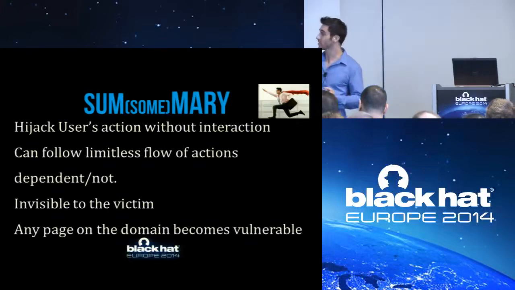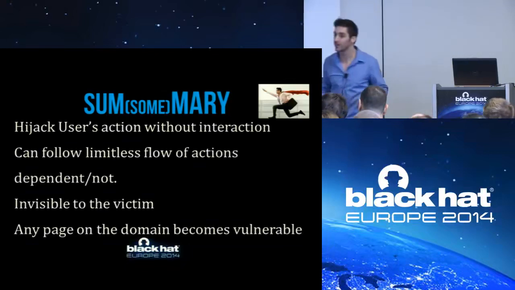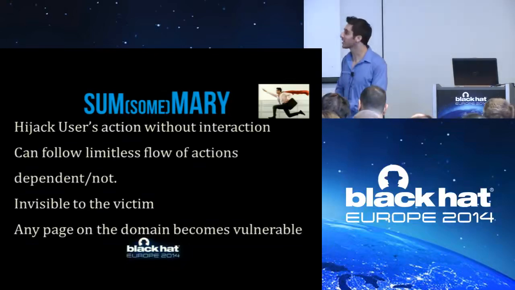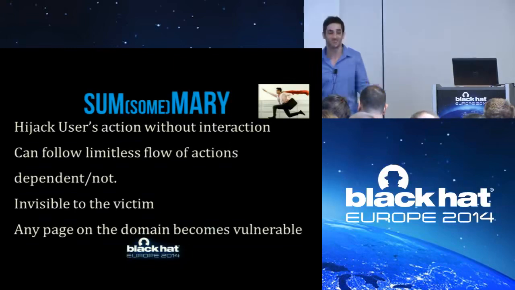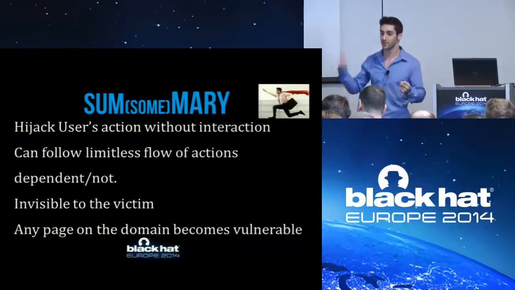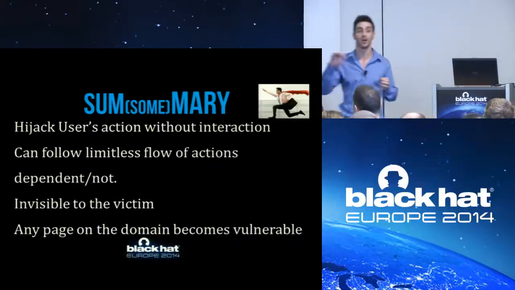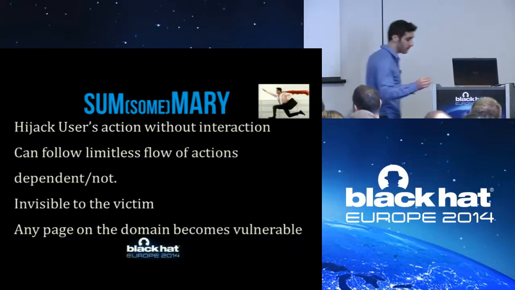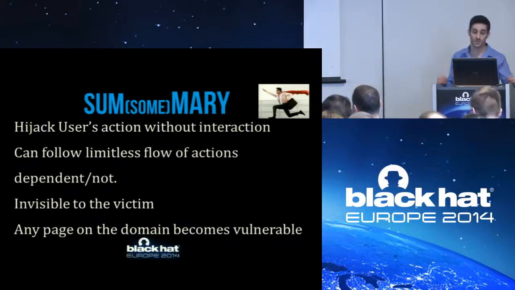First I hijacked the delete button, and then it asked me this most annoying question for a hacker. Are you sure you want to delete this photo? And this is where I said, oh no, man, I cannot delete this photo. But with this attack, I could also set another window that was waiting for this exact message and click yes on the user's behalf. So I can follow a limitless flow of actions with this attack.